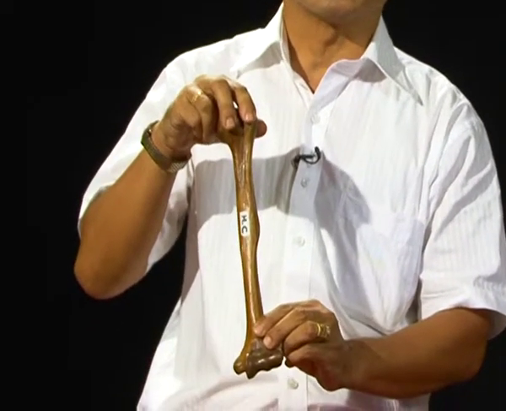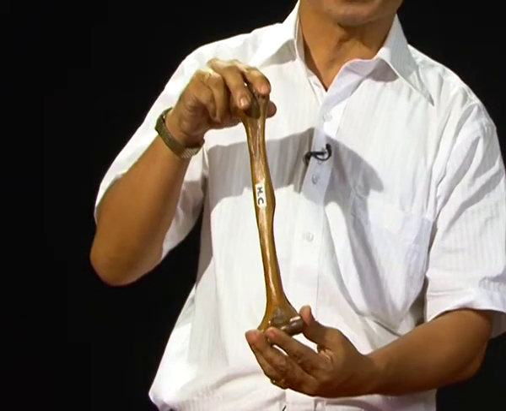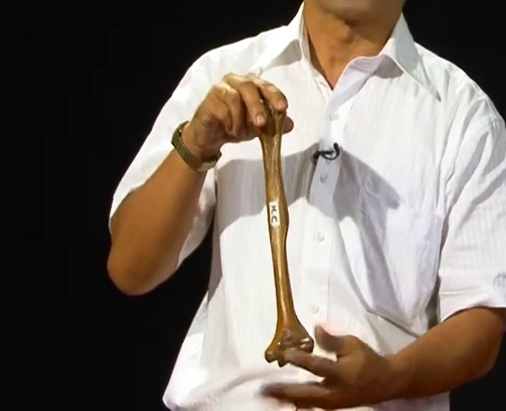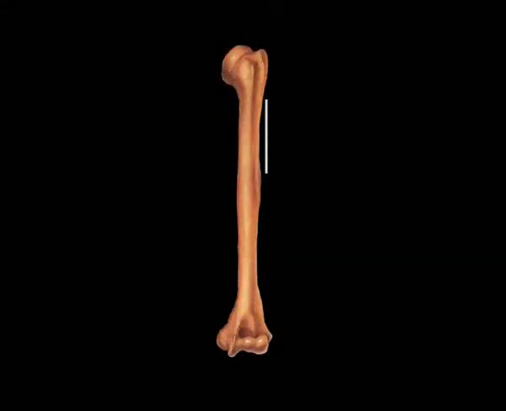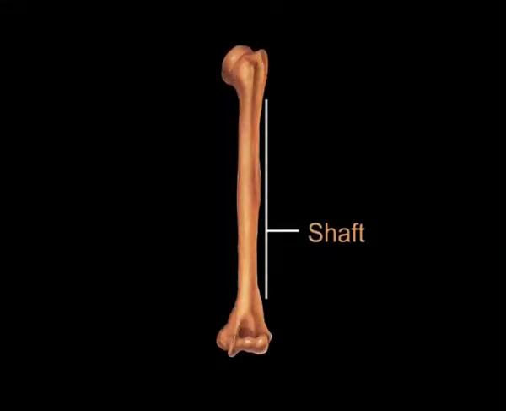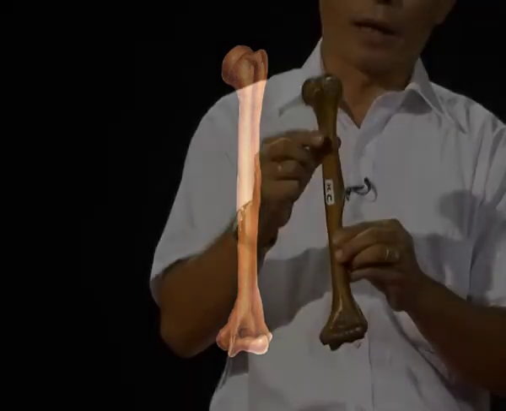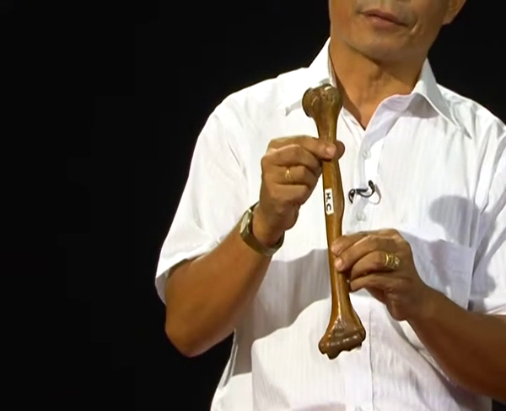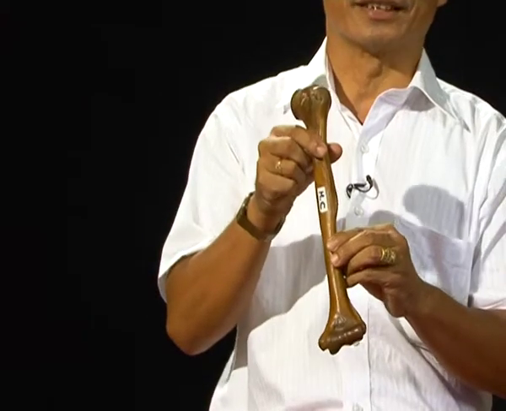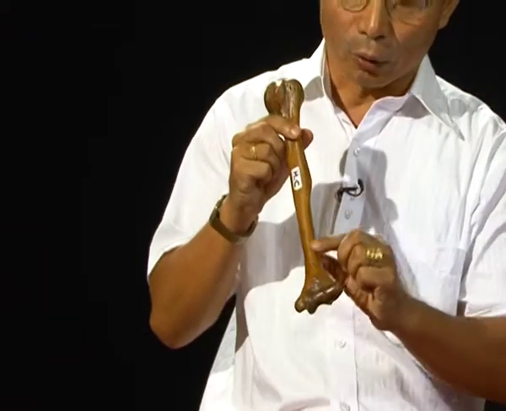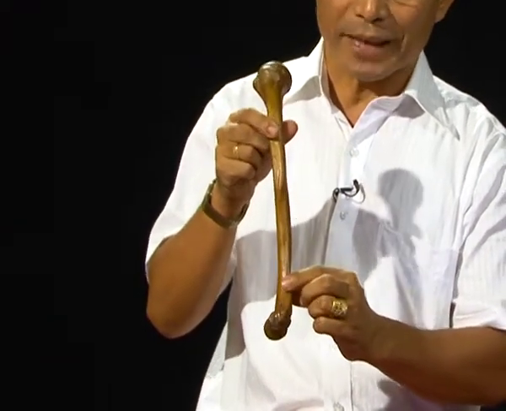Now let us take up the shaft. Shaft is that part of the bone which is between upper extremity or upper end and lower extremity or lower end. So this part is the shaft of this humerus bone. Well, the upper part of the shaft is somewhat cylindrical, whereas the lower part is prismatic.